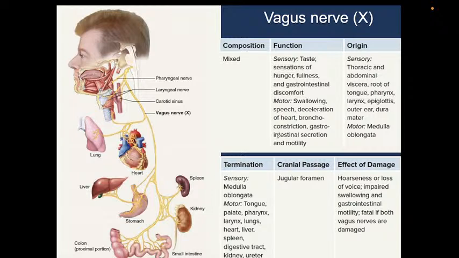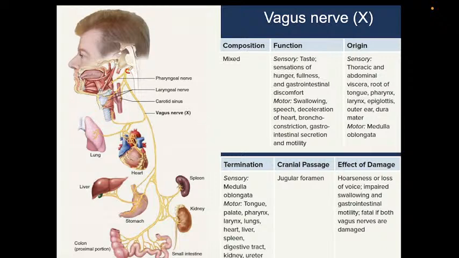The vagus nerve branches extensively. This figure shows only the general pattern of distribution. Sensory neurons are located within the superior jugular ganglion here, and the inferior or nodose ganglion.